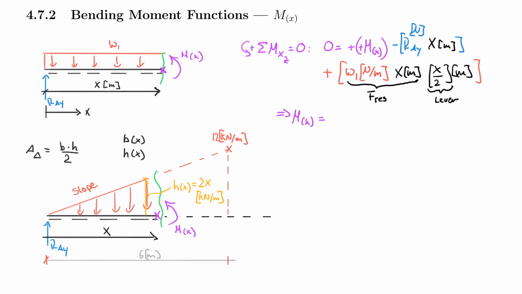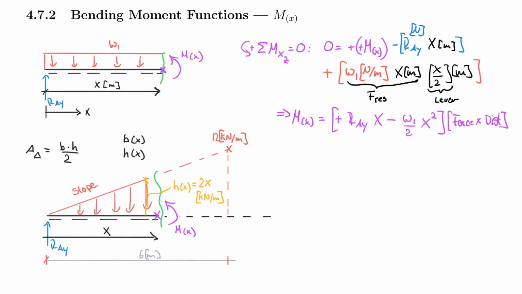equal to positive Ray times x minus w1 divided by 2 x squared. And of course, the whole thing needs a unit, which in this case is force times distance, or Newton meter.